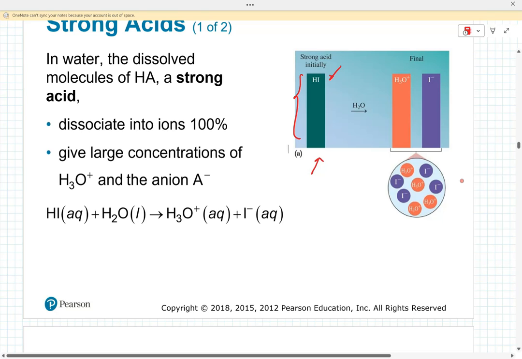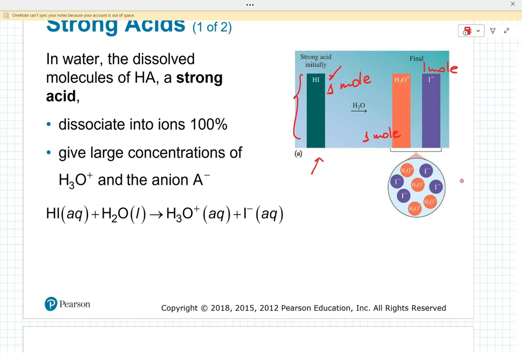When it dissociates, let's say you have 1 mole of hydrogen iodide. Are you with me? When it dissociates, you have 1 mole of H3O+ and 1 mole of iodide.